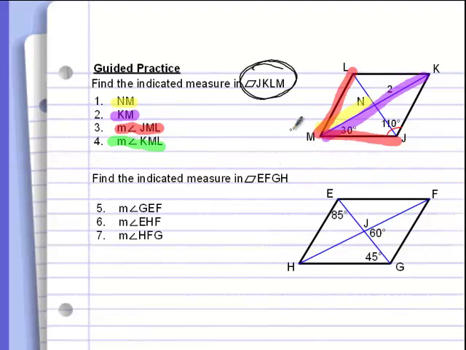So I'm going to use what I know and what they give me in this image to solve for these pieces. Now the first thing they tell me is NM. NM is highlighted right here in yellow, and NM is part of the diagonal KM. Because it's a diagonal, I know that it has been bisected, which means that this segment is congruent to this segment.